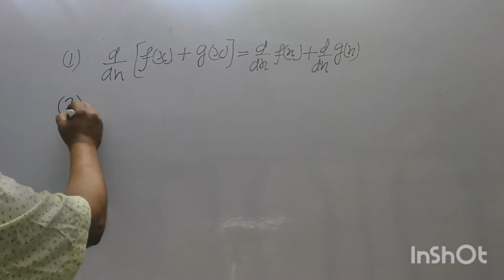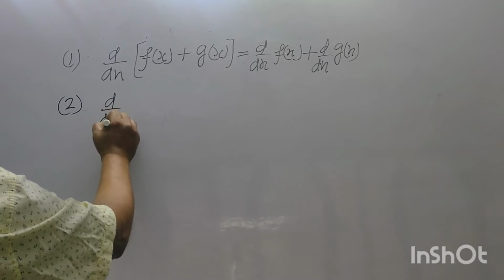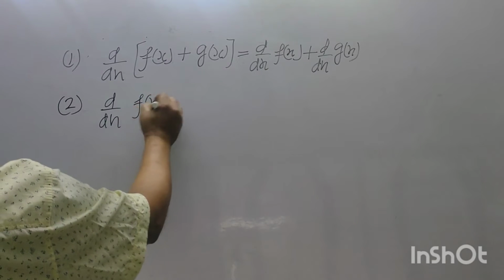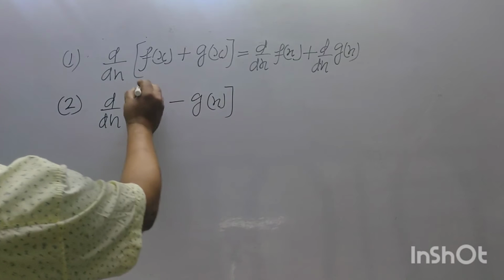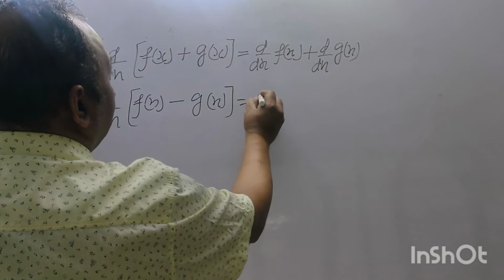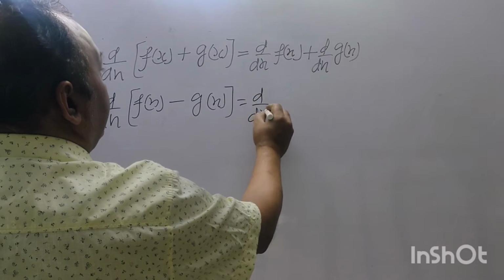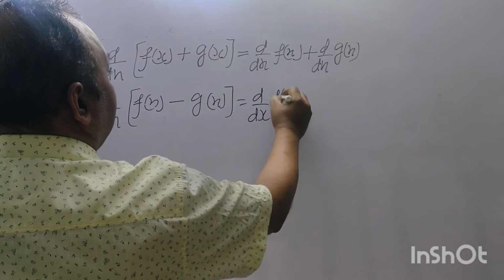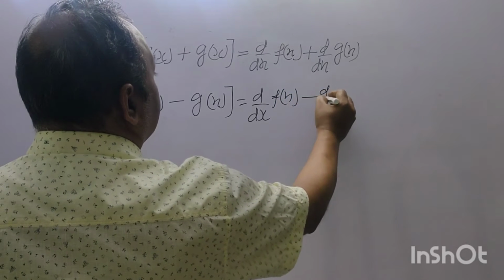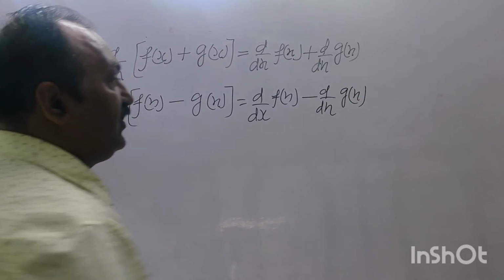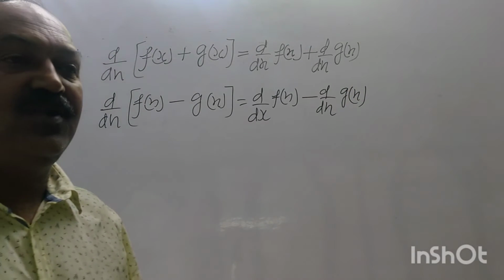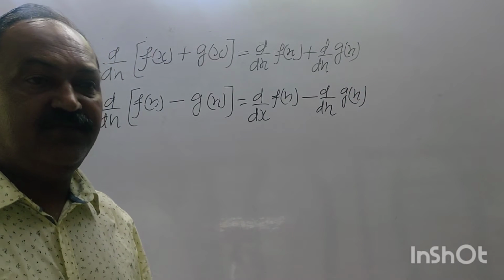Second is d upon dx of fx minus gx, that is equal to, again you can take the separate derivative d upon dx of fx with respect to x minus d upon dx of gx with respect to x. This is the second formula of the algebra of derivative.